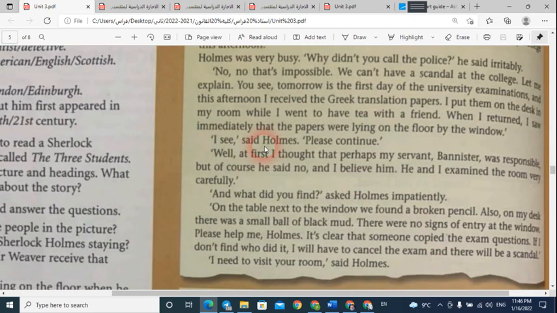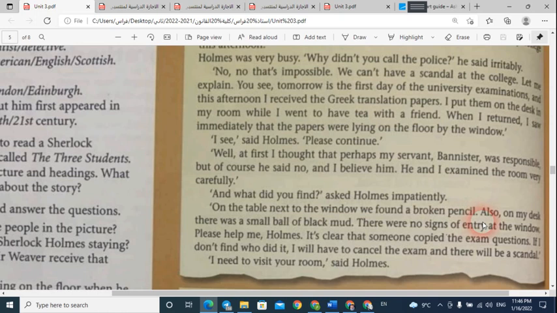"I see," said Holmes. "Please continue." "Well, at first I thought that perhaps my servant Bannister was responsible, but of course he said no, and I believe him. He and I examined the room very carefully." "And what did you find?" asked Holmes impatiently. "On the table next to the window, we found a broken pencil.